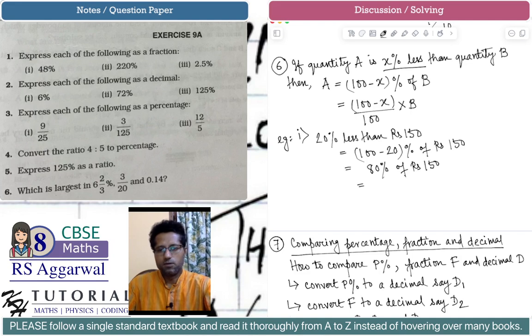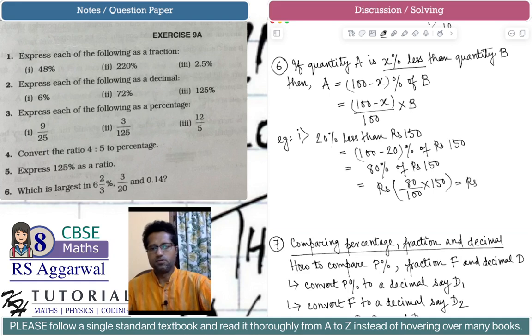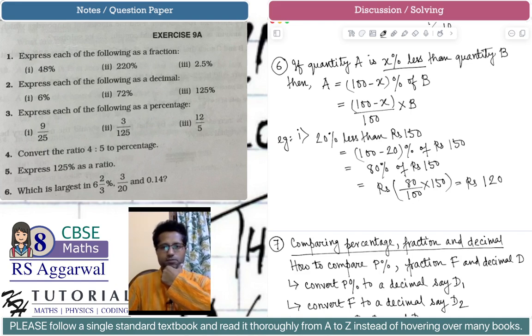Now this becomes equal to rupees 80% of 150, which is 80 by 100 multiplied by 150. If you simplify it, it becomes rupees 120. So rupees 120 is 20% less than rupees 150. So I hope it is clear what is meant by X% less than some given quantity.